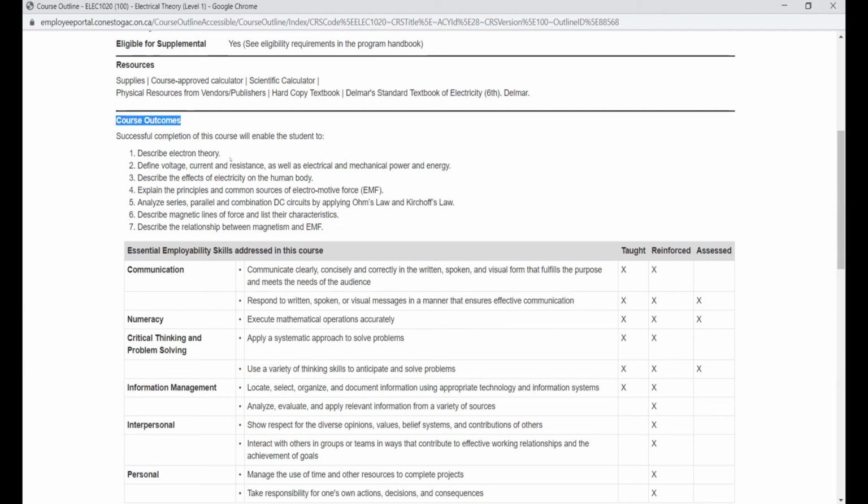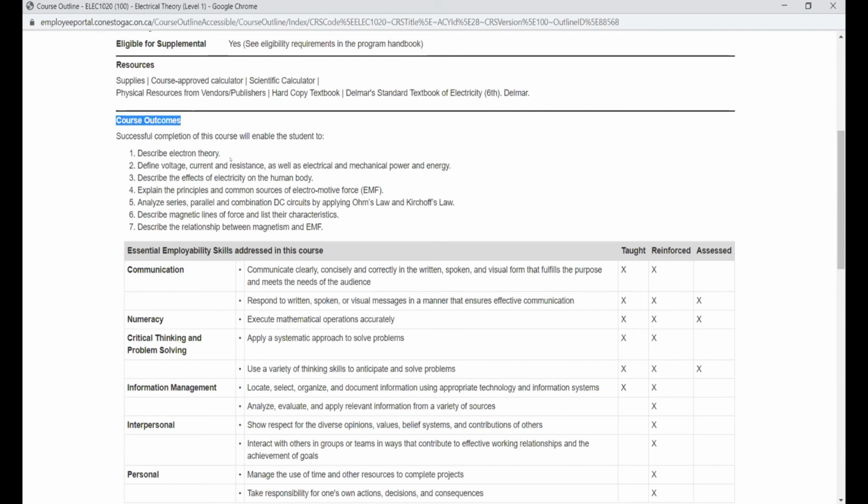After you measure resistance, you take your calculator and check what amount of current should be flowing in the circuit. So you're going to be able to play with this.